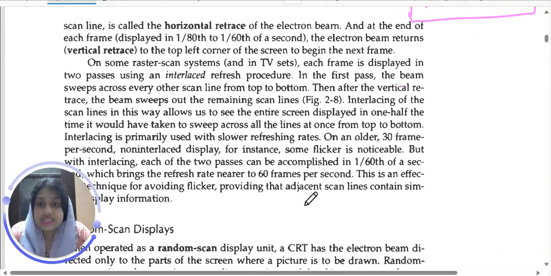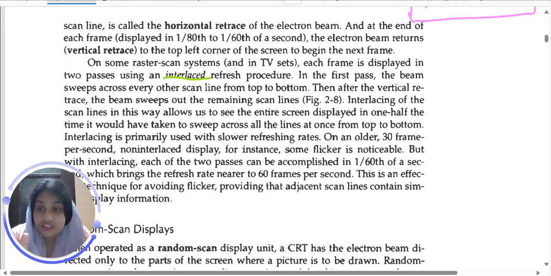On some raster scan systems and in TV sets, each frame is displayed in 2 passes using an interlaced refresh procedure. In the first pass, the beam sweeps across every other scan line from top to bottom. Then after the vertical retrace, the beam sweeps out the remaining scan lines.